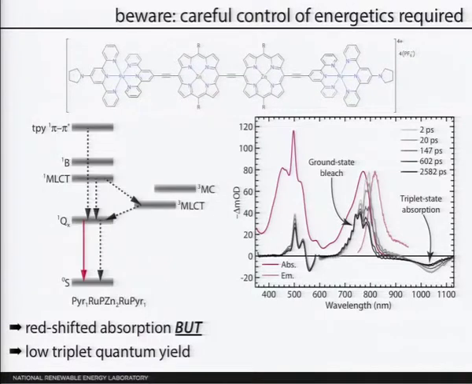What we think is happening is we've pushed this lowest energy band associated with this porphyrin moiety below the triplet excited state that we'd like to transfer the energy from to our acceptor. And so we now have a loss pathway for those triplets.